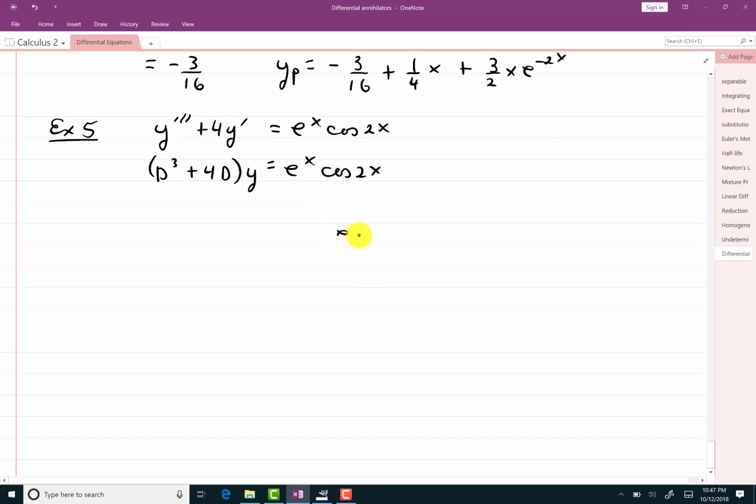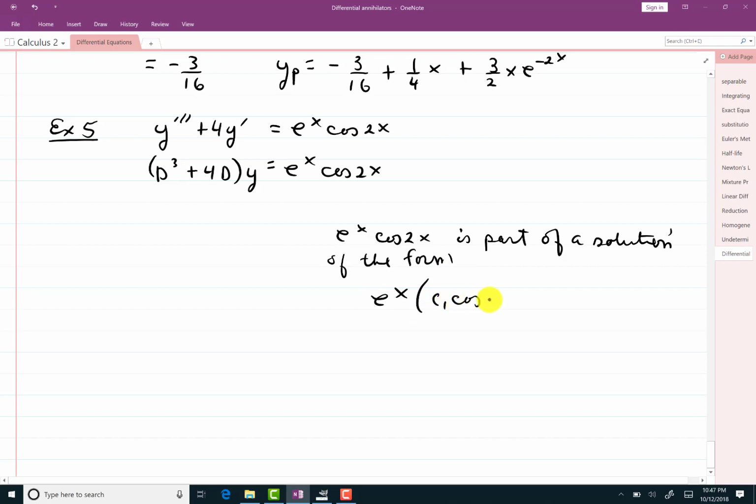E to the x cosine of 2x is part of a solution of the form e to the x times c1 cosine 2x plus c2 sine of 2x.